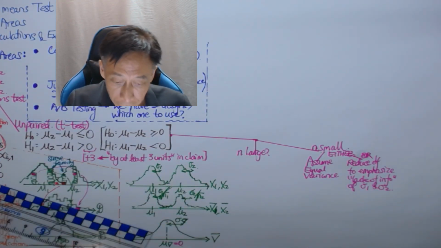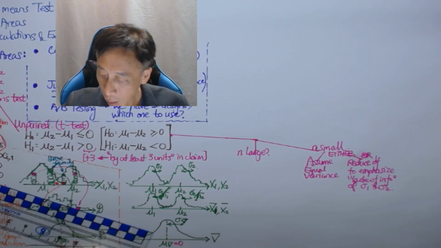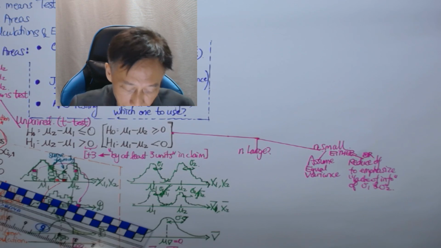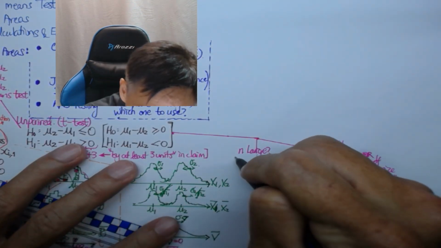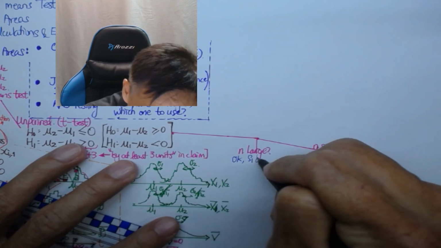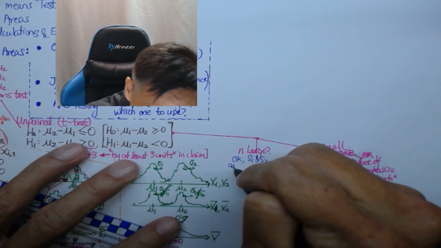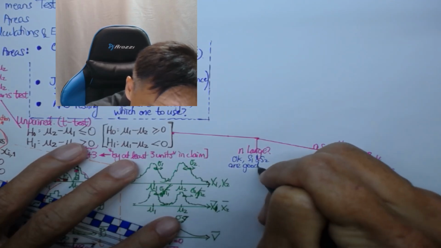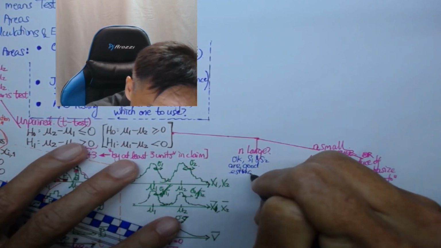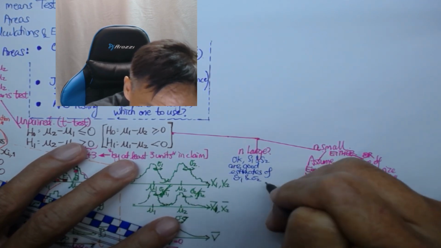Okay, so let me just walk through very quickly here. What does it mean by n large? If n is large, then okay. Okay means what? Okay means S1 and S2 are going to be good estimates of sigma 1 and sigma 2.